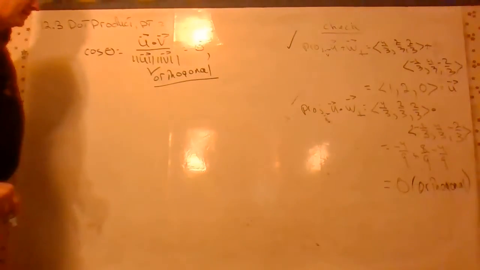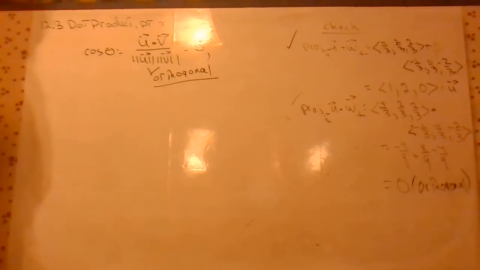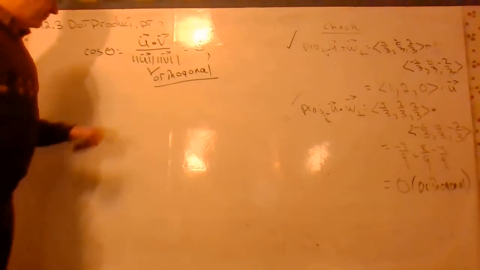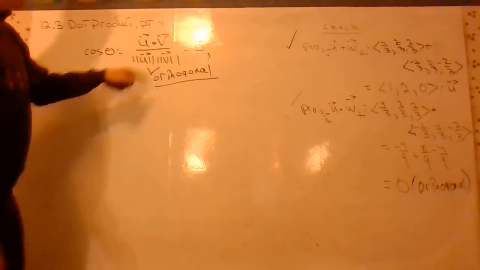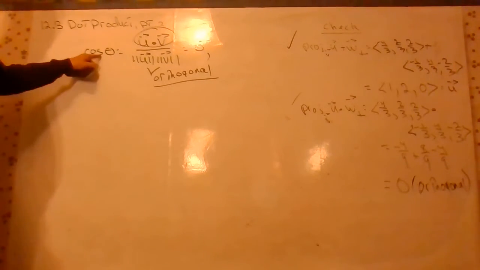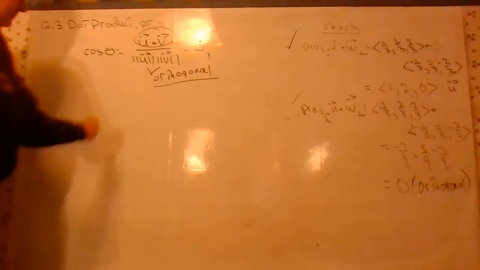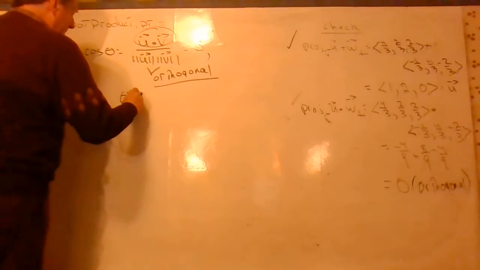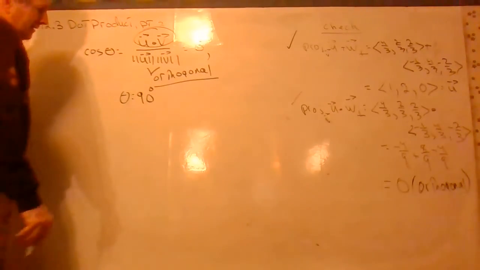And I just threw that out there as a definition related to the dot product. Well, what precisely does this mean? Assuming u and v are not the 0 vector, we'll assume then that the dot product is 0. When is cosine theta equal to 0? Theta is equal to 90 degrees.